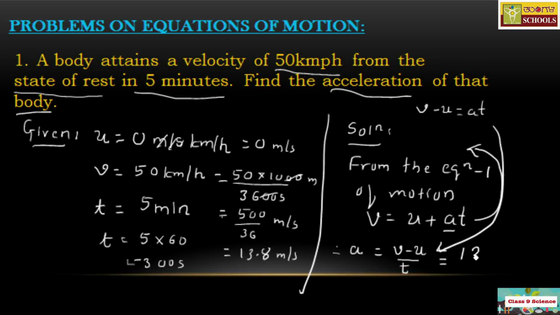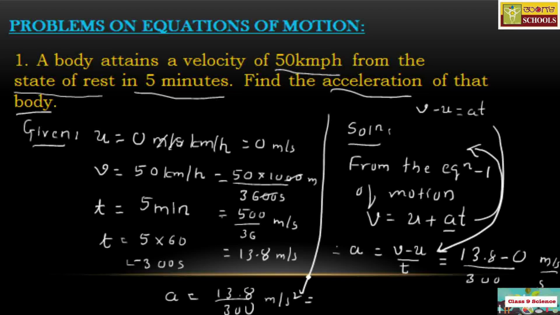So 13.8 minus 0 divided by 300 seconds. So that much is meter per second already there, and divided by second, and hence you can write A is equal to 13.8 divided by 300 meter per second square, which is equal to 0.04 meter per second square.